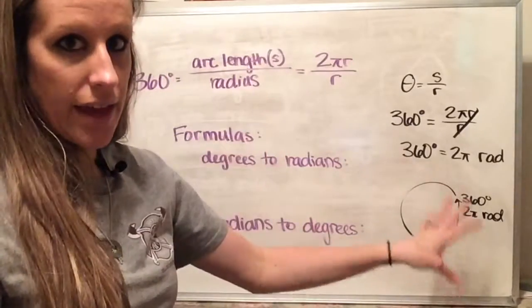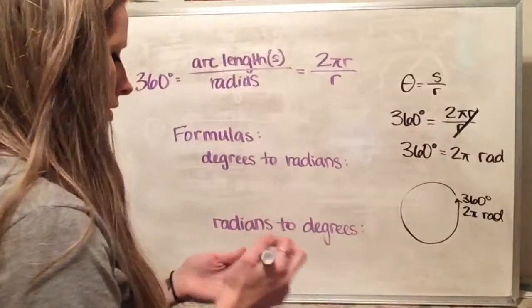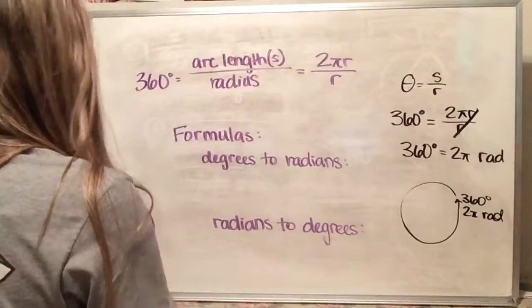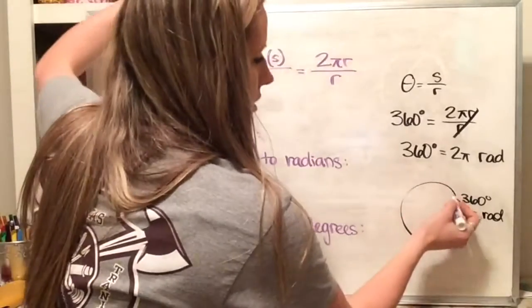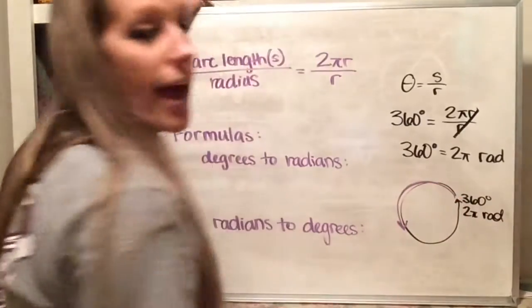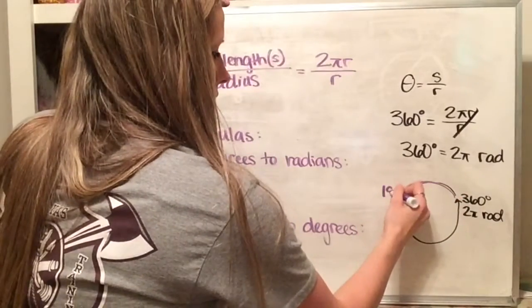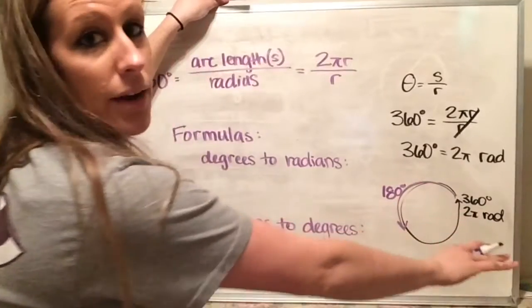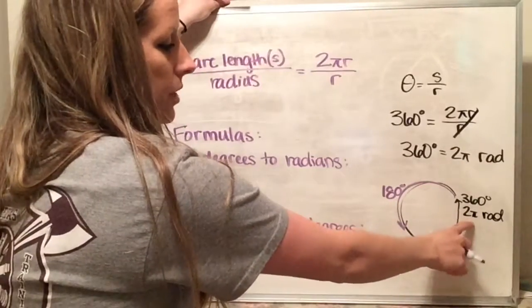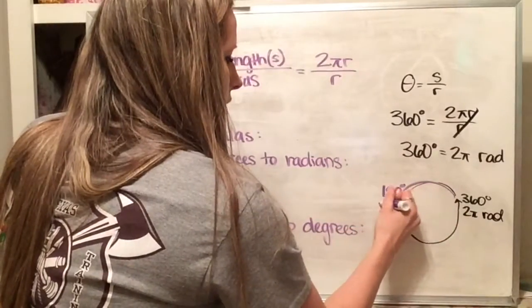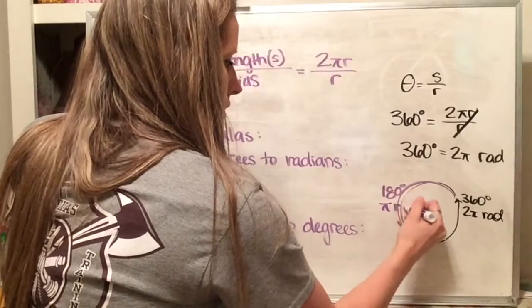So saying that, if I cut this circle in half, let's say I go 180 degrees. I cut it in half, right? If I cut my radians in half, instead of it being 2 pi, now it's going to be just 1 pi.